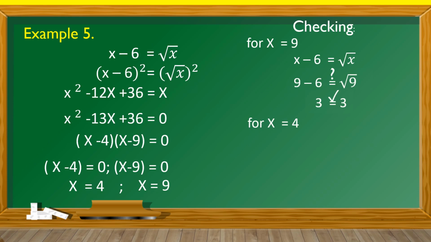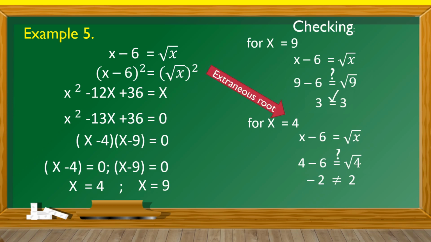For x equals 4, so substitute to the original equation. So we have 4 minus 6 equals the square root of 4. So 4 minus 6 is negative 2, and the square root of 4 is 2. So here, negative 2 is not equal to 2. So this means 4 does not satisfy the equation.